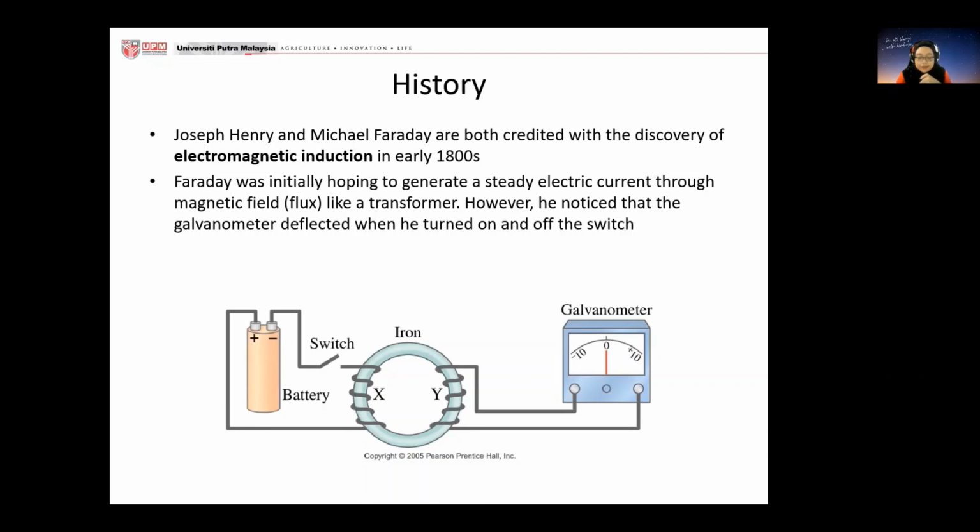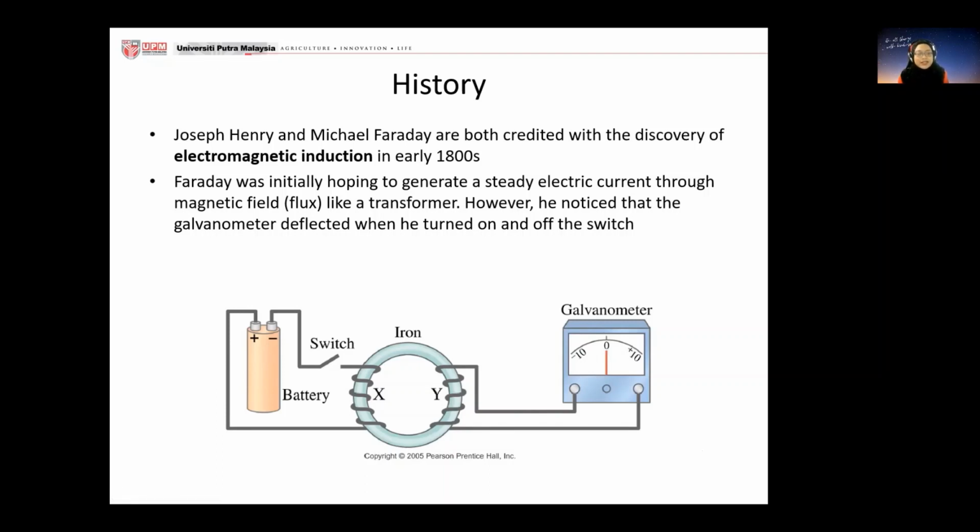So we have a magnet which can then generate current, because he just wanted to check that. So he devised an experimental setup, something like this, where this is iron, and you have the coil here. They have the power source, which is the battery, which will supply the current.